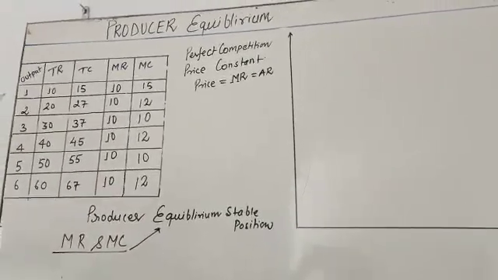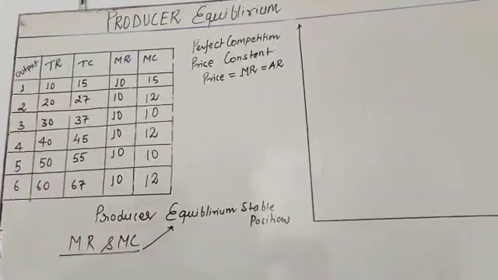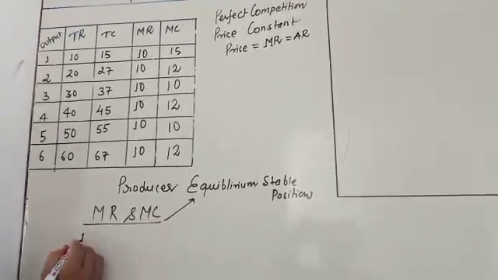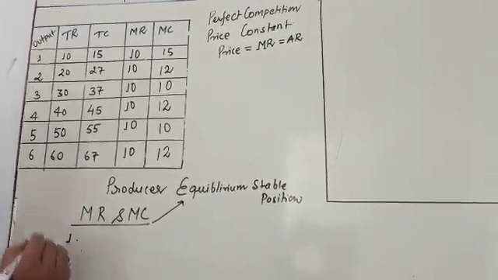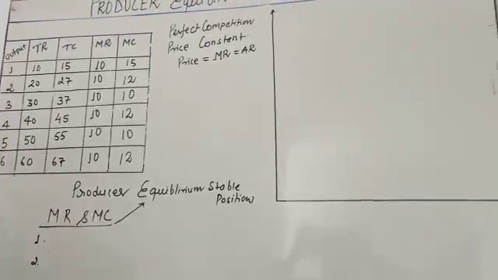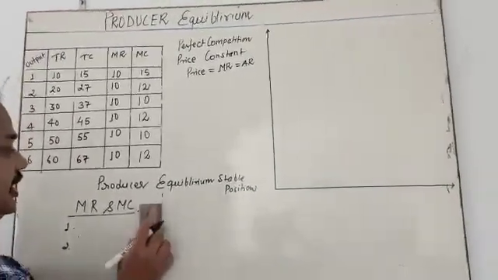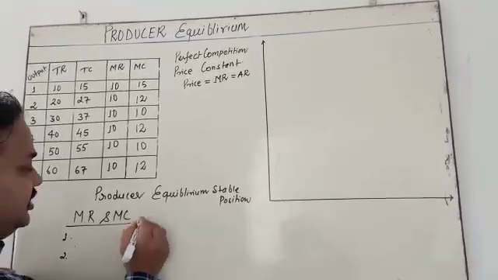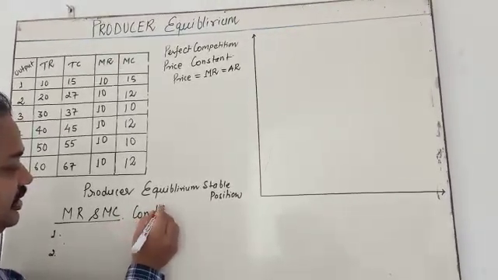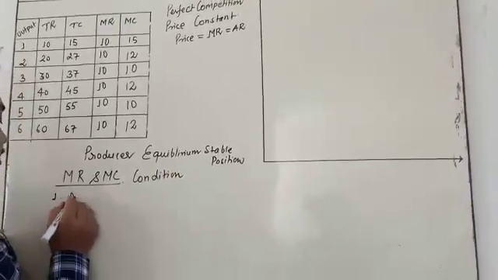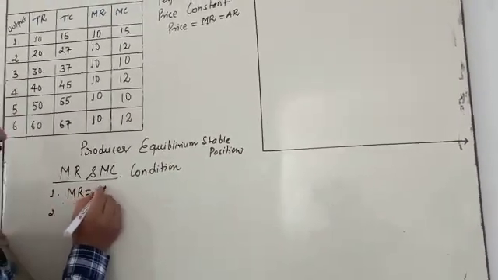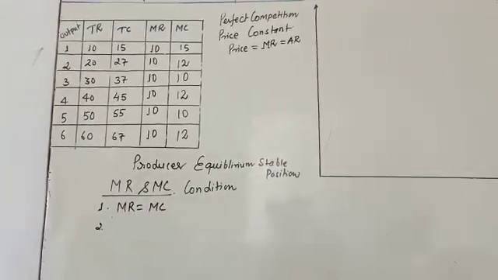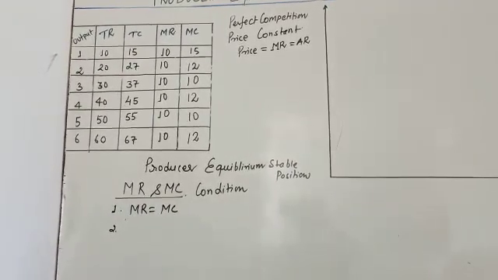So in this table, you observe what the condition is. What is the condition for profit maximization with the MR and MC approach? The first condition is that MR is equal to MC. What does this mean? It means marginal revenue is equal to marginal cost.